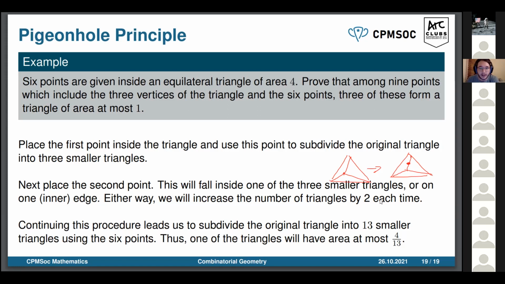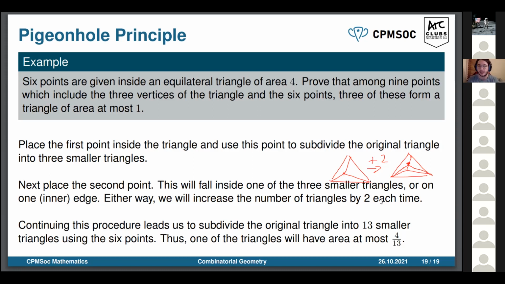Then we can't exactly break up one triangle into 3 different parts, but we can take this triangle and cut it in 2, and this triangle and cut it in 2, and we've turned 2 triangles into 4 triangles. So you still end up adding 2, regardless of whether it's on the boundary of one of your previous triangles or if it's on the interior. Yeah. So at each stage, we're adding 2.